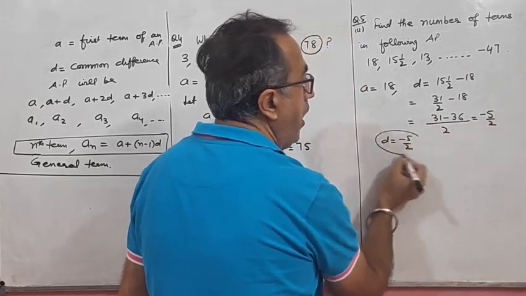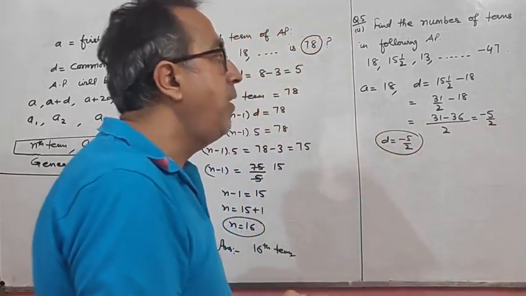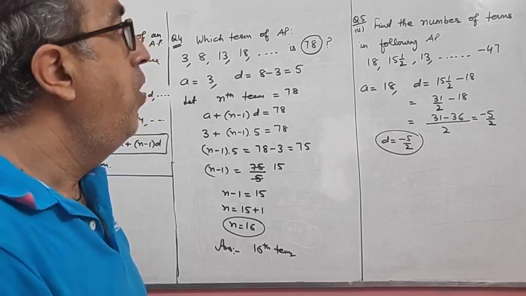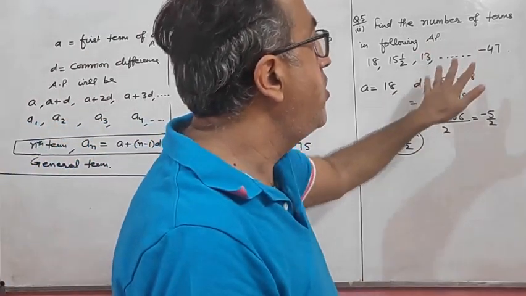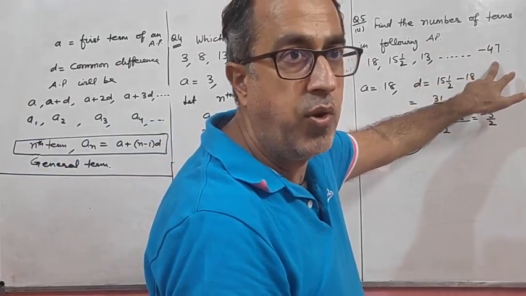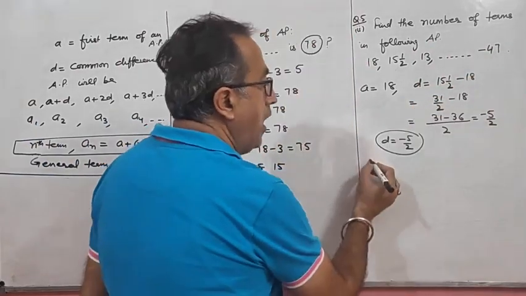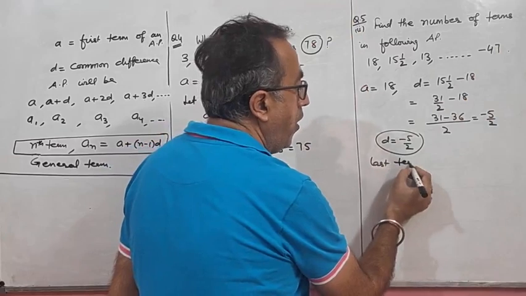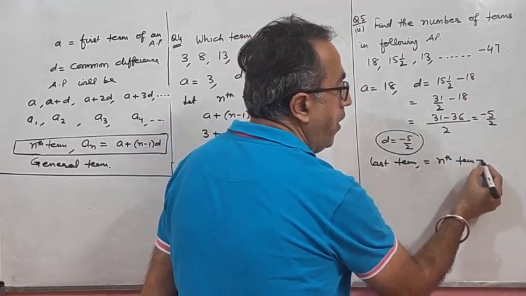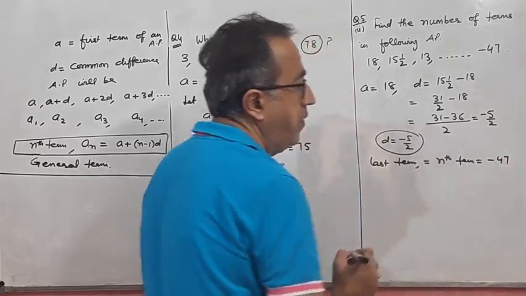For the given AP, A is 18 and D is minus 5 by 2. We have to find the number of terms in this AP and we are given the last term, minus 47. We assume the last term is the nth term, minus 47.